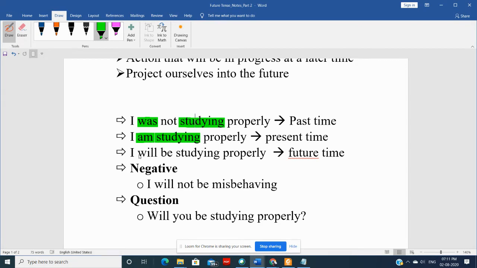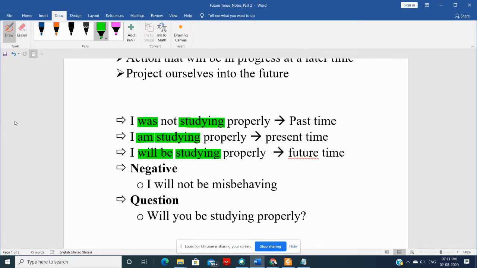But when you want to talk about future, you just use will be plus ing. So this will be is again your to be verb. Was, am, will be. Alright, again, was, am, will be. And the studying will remain same because we are talking about the action which is in progress.